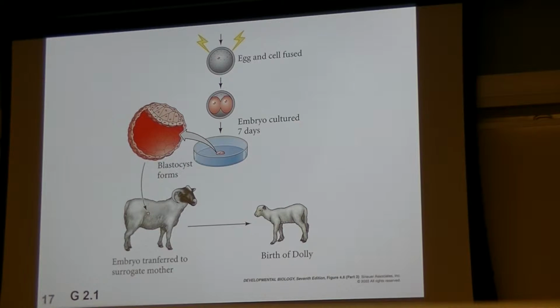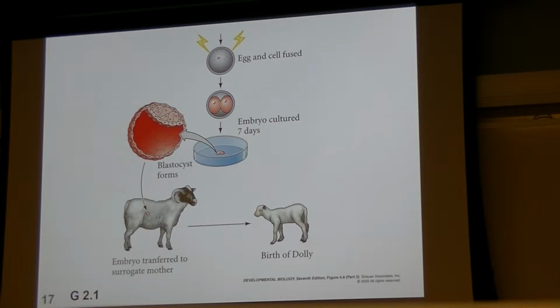It cannot do that by itself in a petri dish, so it is surgically put back into the uterus of a mother sheep, and at that point formed a placenta just like normal, and kept on going and eventually became a baby sheep.